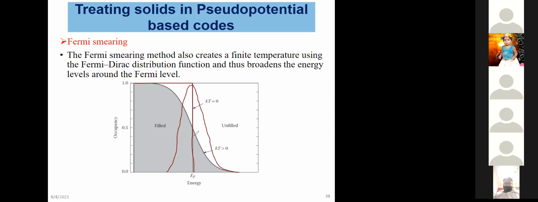We do the computation, and that result does not vary much from the actual results. Okay. So smearings are used for metallic systems to make our computational process easier.